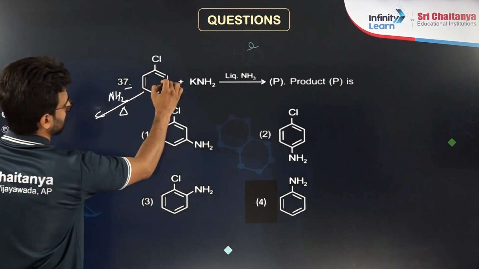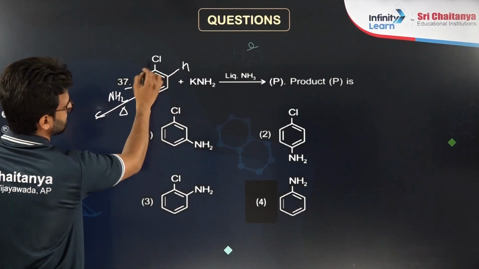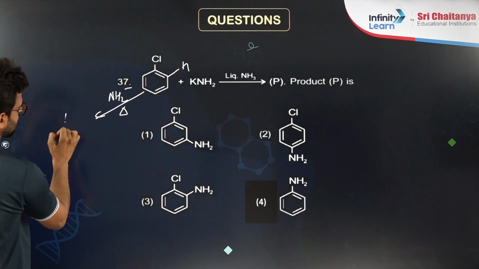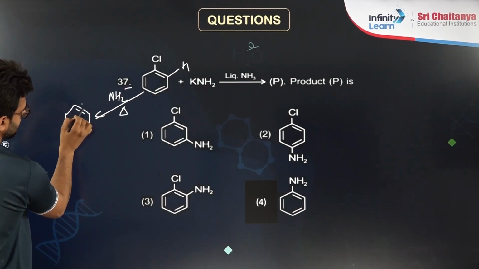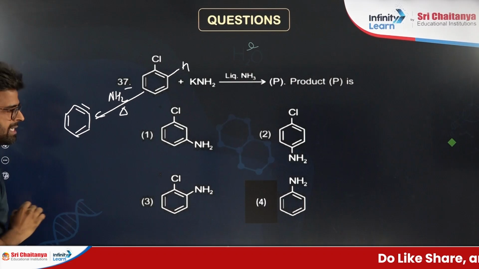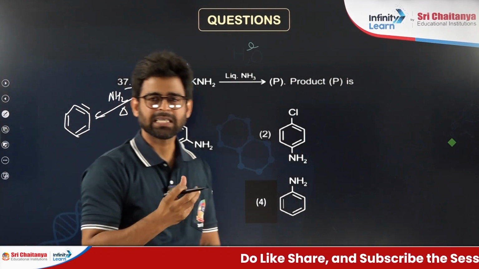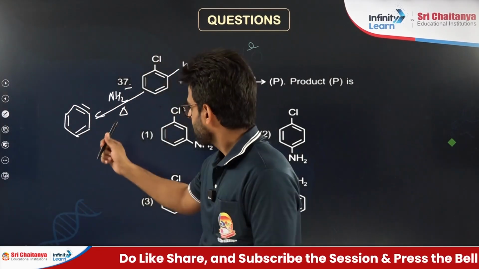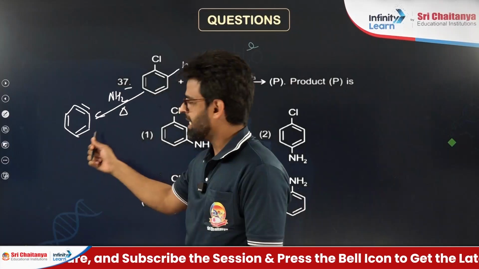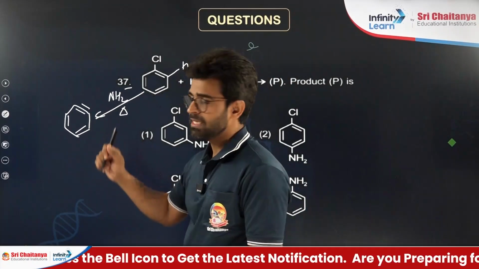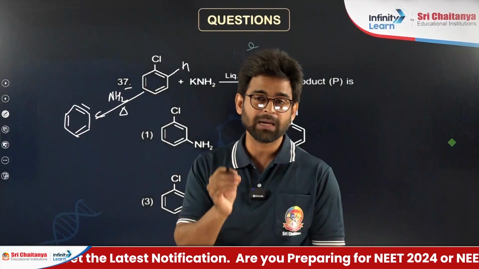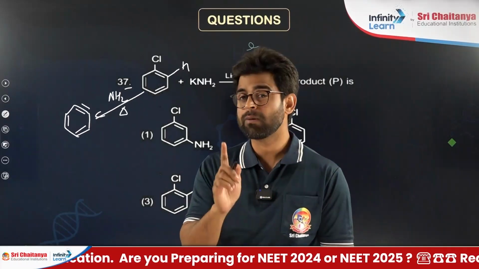So this will replace hydrogen from here, and then this Cl will go, and we will make what here? Benzyne, right? Benzyne is an important intermediate. They can ask one or two questions from here. In benzyne, every carbon is sp2 hybridized. First point: the pi bond formed here is formed by hybridized orbitals, not by pure orbitals.